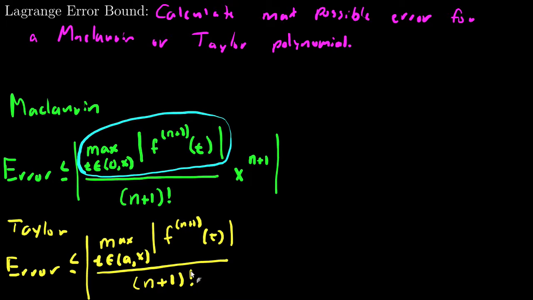If we take n plus 1 derivatives of x to the n plus 1, we get an n plus 1 factorial. And I have x minus my center to the n plus 1.